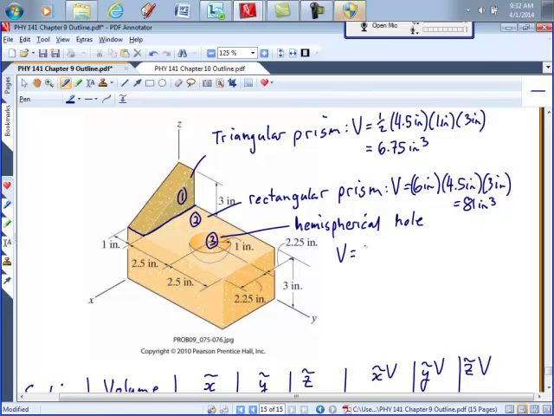So this is going to be 2/3 because it's half. 2/3 pi, radius is 1 inch, 1 inch cubed, but it's a hole, so it's also going to be negative. Sorry, 2.094. Okay.